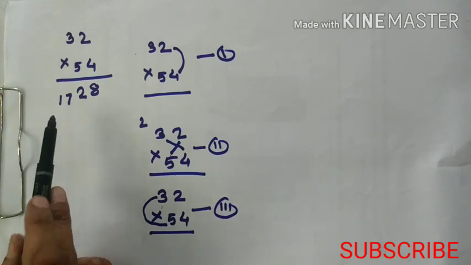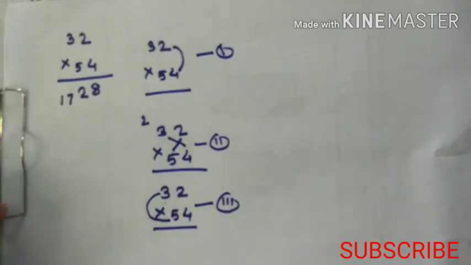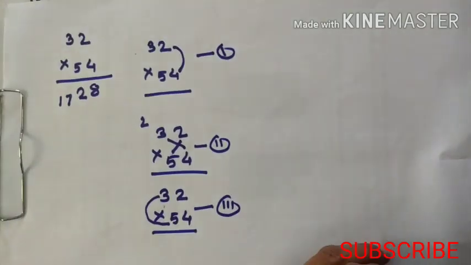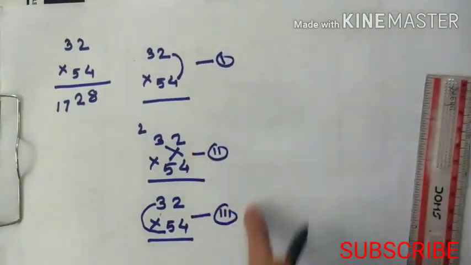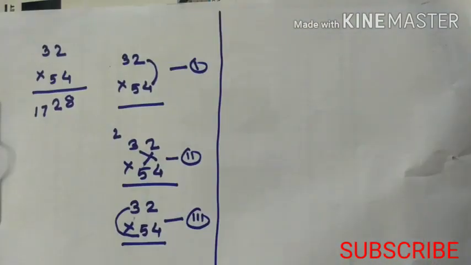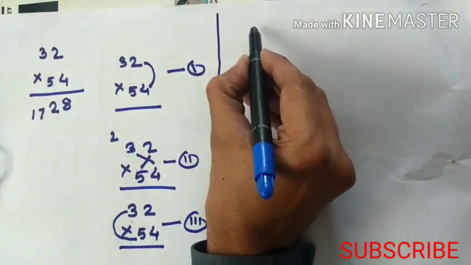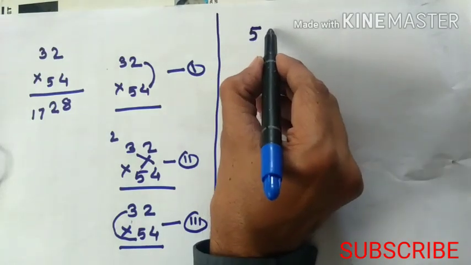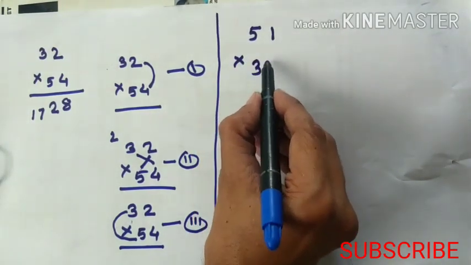Now I am going to explain you the next example. Second example, 51 into, suppose, 35.